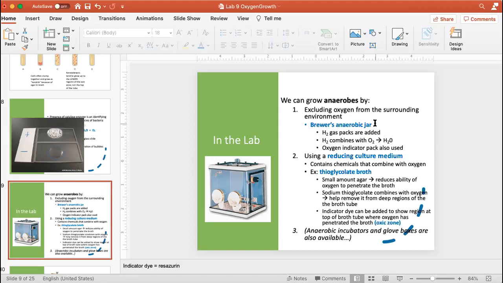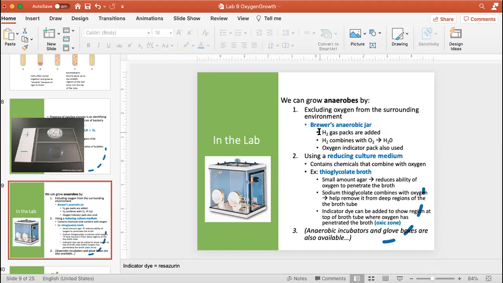Now, unlike the CO2 jar, in the Brewer's jar we have to remove every trace of oxygen. Remember, when we're growing an obligate anaerobe, the oxygen is actually toxic. So we've got to get all of it out of this jar so that these cells can grow. And this is how that works.